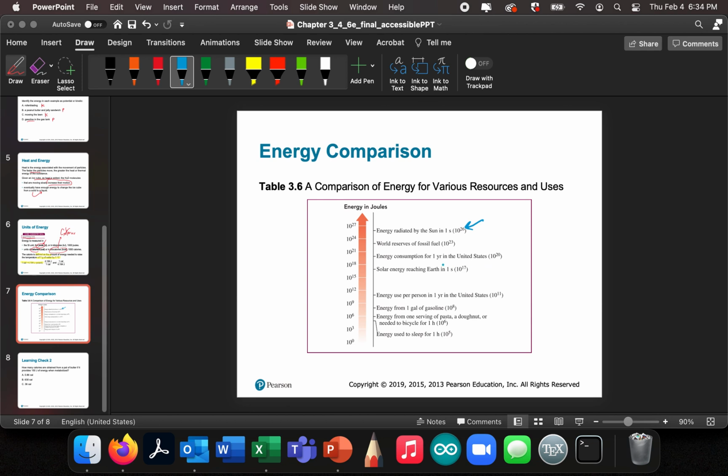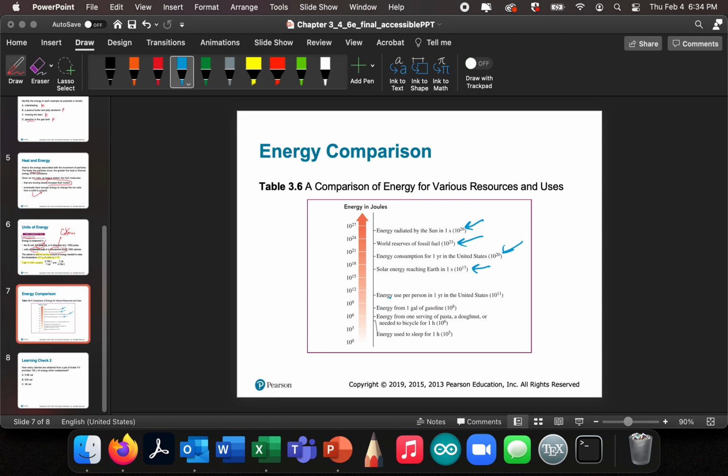The world reserves of fossil fuel, unbelievable. Look at that. We have a lot of energy reserved in fossil fuels. Amazing. Okay, energy consumption for 1 year in the United States is 10 to the 20. Solar energy reaching the Earth in 1 second, 10 to the 17.